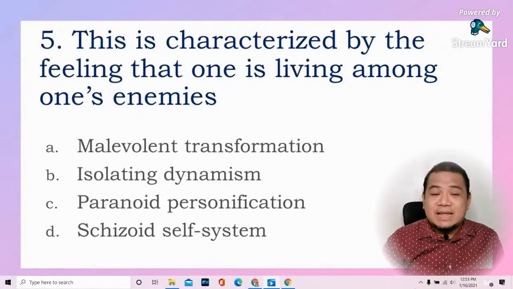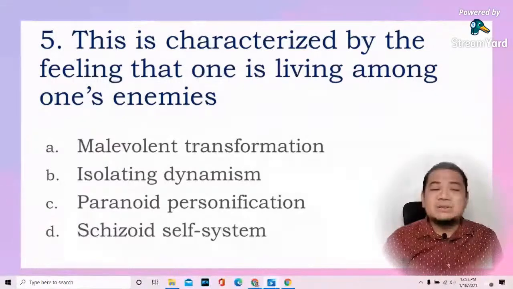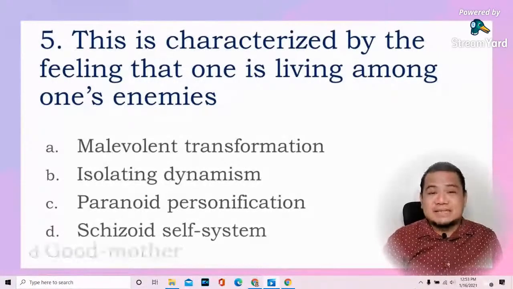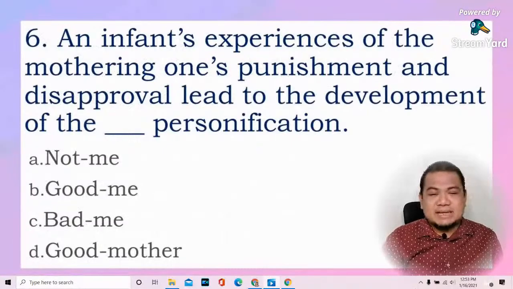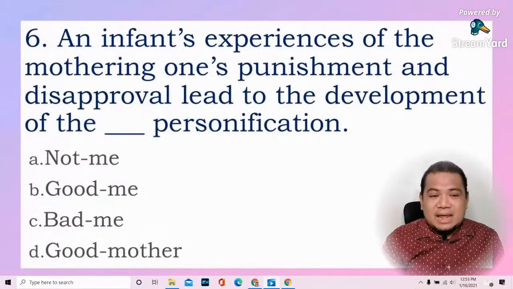A. Malevolent transformation. B. Isolating dynamism. C. Paranoid personification. And D. Schizoid self-system.